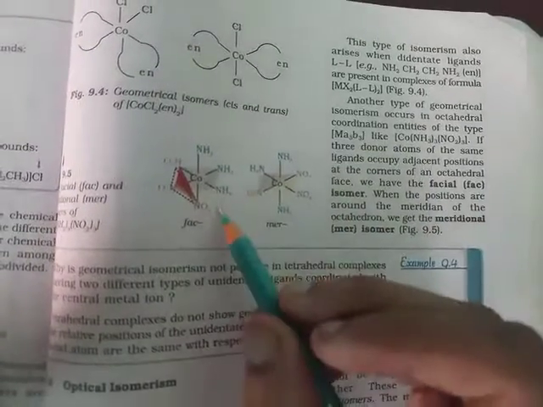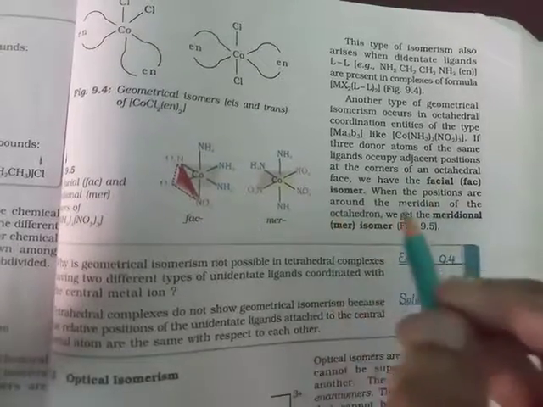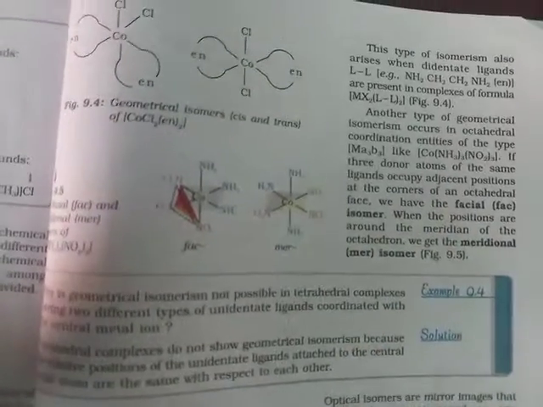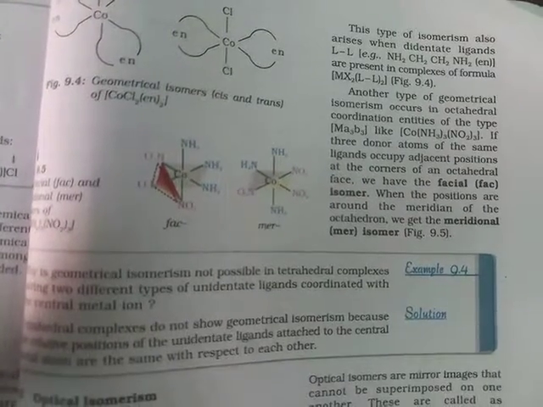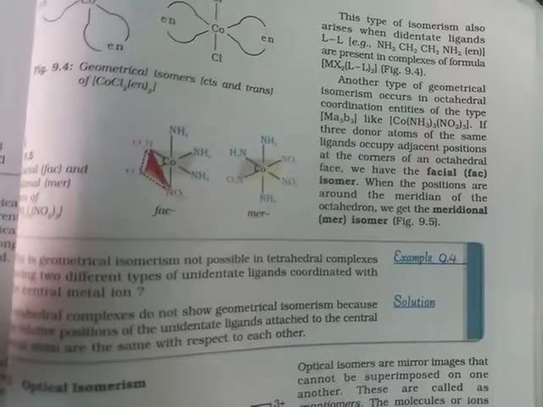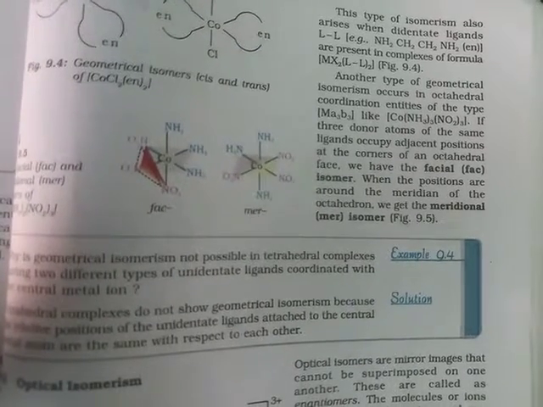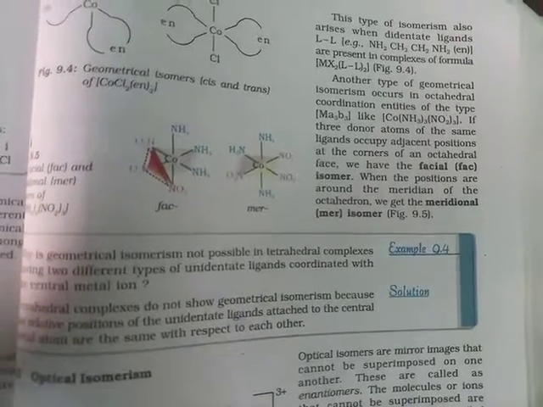So this is a fac isomer and this is a mer isomer, short forms for facial and meridional. In geometrical isomerism there are two types: cis-trans and facial-meridional.